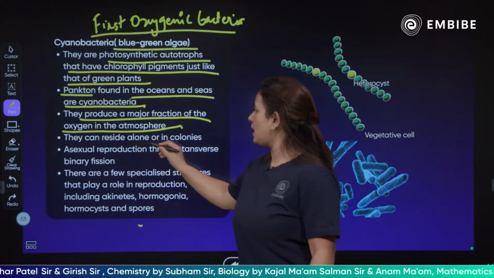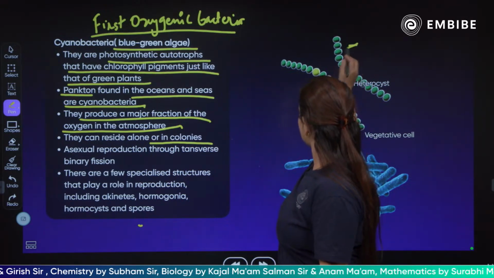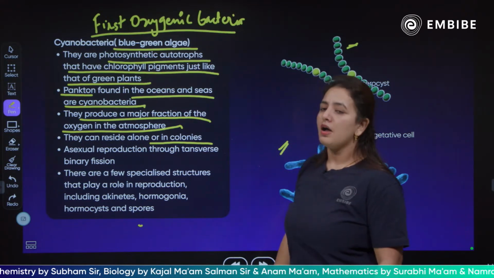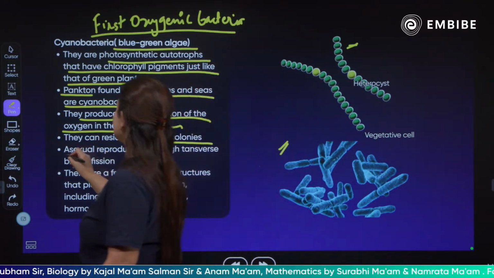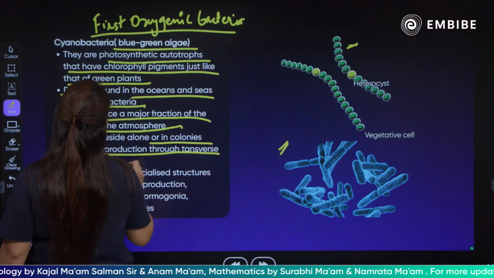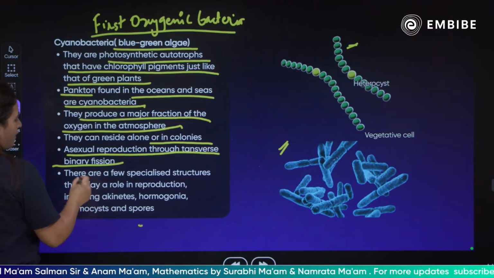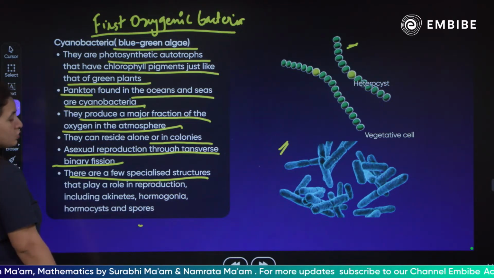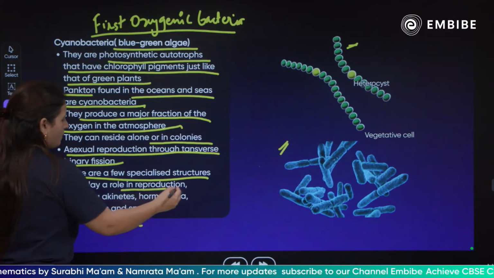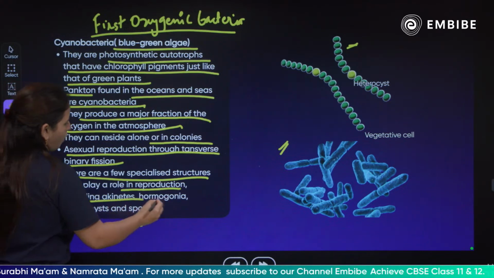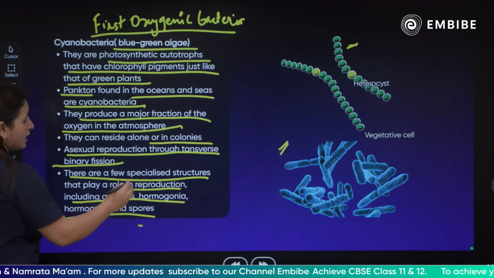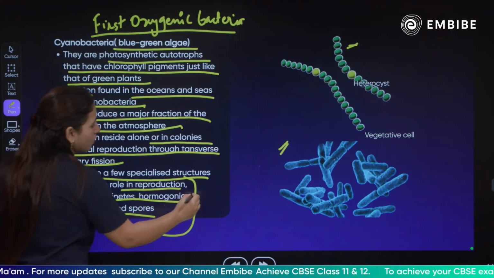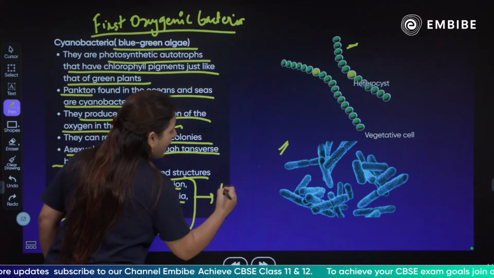They can reside alone or in colonies. As you can see, they can form a colony or live alone. They reproduce asexually through transverse or binary fission, and they have a few specialized structures for locomotion, which also help in reproduction: the akinetes, hormogonia, hormocysts and spores. But these structures are only present in harsh conditions.